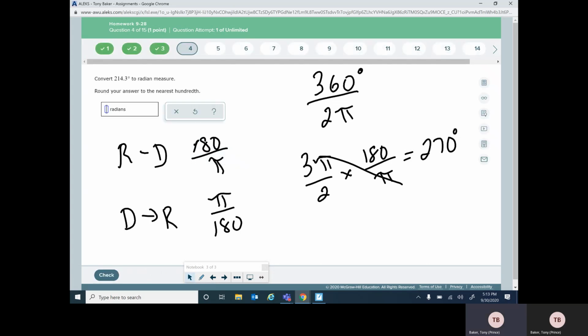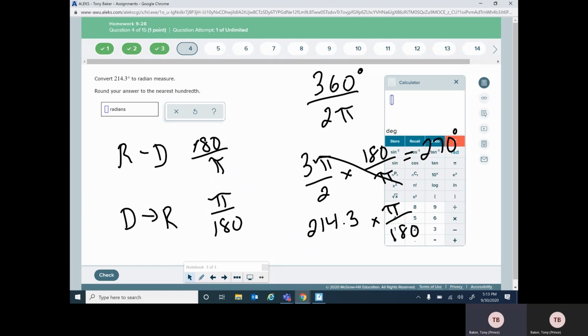The next one's the same thing, except it's going the other direction. So I've got 214.3, and I want to change it to a radian measurement. They say they want this one with no pi, but I'm going to multiply by pi over 180. We're going to use the calculator for this one.